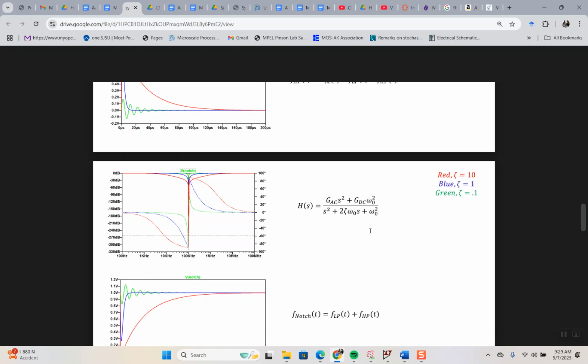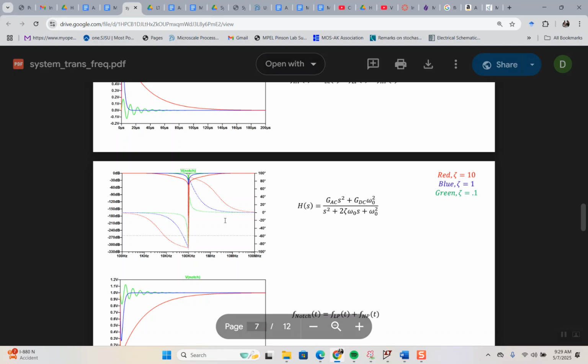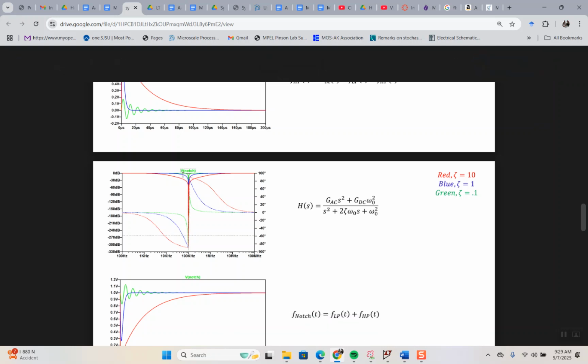You're very close. So some are saying it's affected equally. Well, it is, but what's going on is it's the ratio. So if we look at the Bode plot, and let's take the blue line, and let's take 90 hertz, 90 kilohertz.